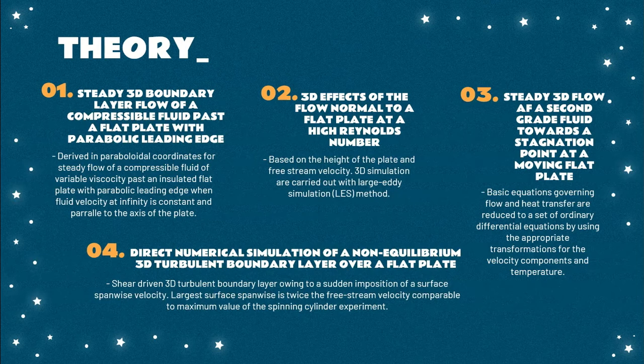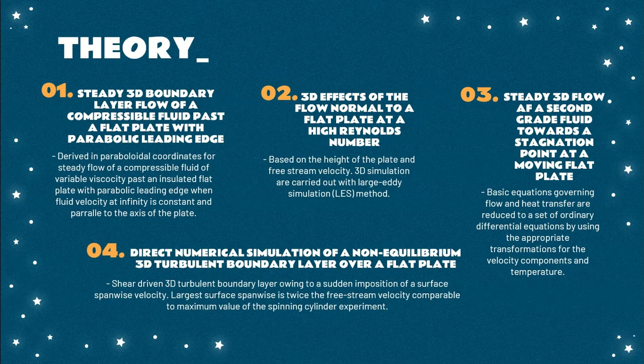The theory about this 3D flow flat plate is, first, steady 3D boundary layer flow of a compressible fluid past a flat plate with parabolic leading edge.